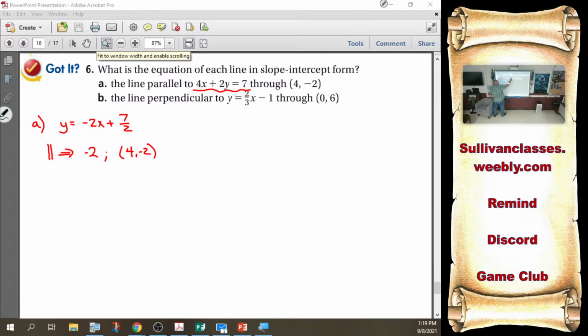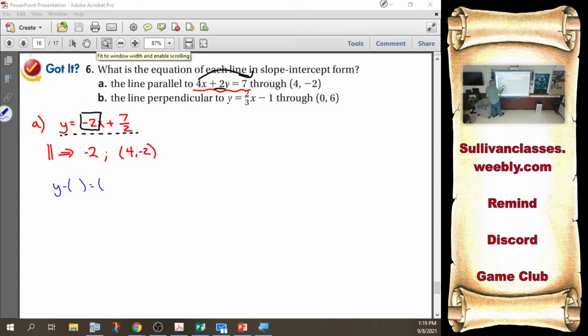So I have to subtract that 4x over and then divide by 2, getting this guy. Okay, now there's the slope. Now that I got the slope, parallel to -2 is -2, same slope. Now I can go make myself an equation.